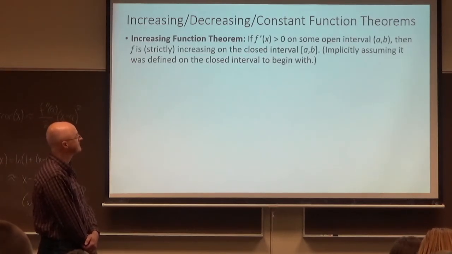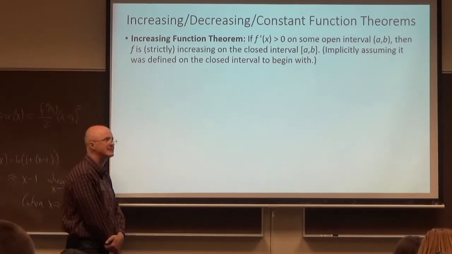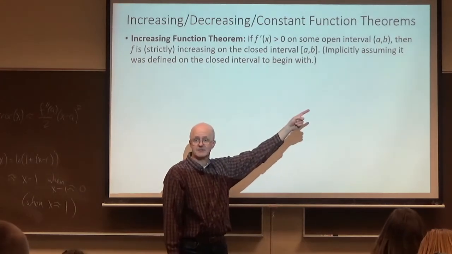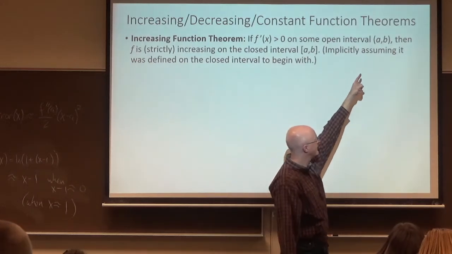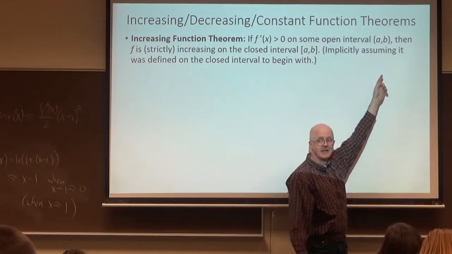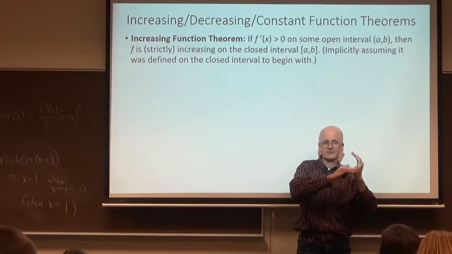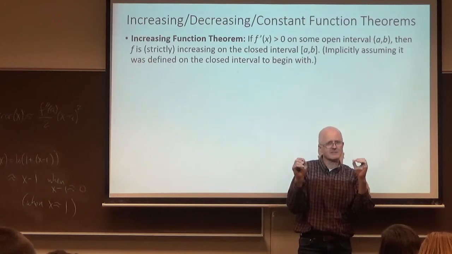Just listen and think. This is called the increasing function theorem. It says if f is a function whose derivative is always positive over some open interval from a to b, that's not a point, that's an interval. A is the left endpoint, b is the right endpoint. Open meaning don't include the endpoints.